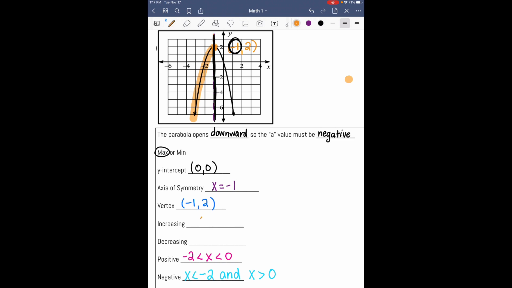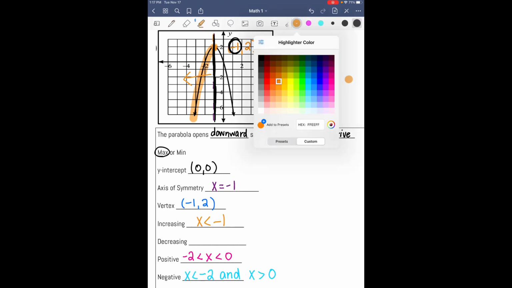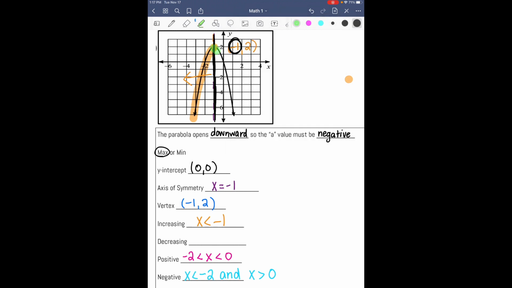So we're going to say that x is increasing when it is going to the left side, so it's less than -1. All right, and now we're going to do the right side. So as we continue going to the right side, we're going down, so we're going to be decreasing. So if we're decreasing, that means that we're going to the right side, so it's going to be greater than -1.